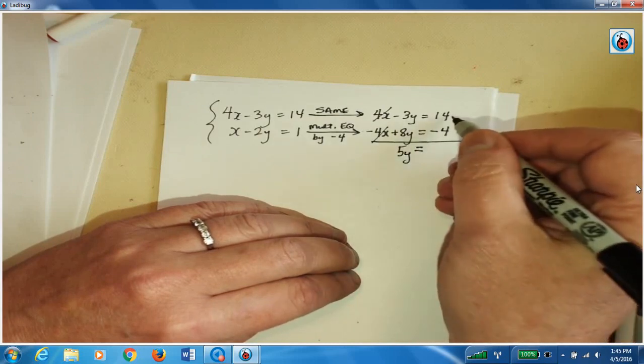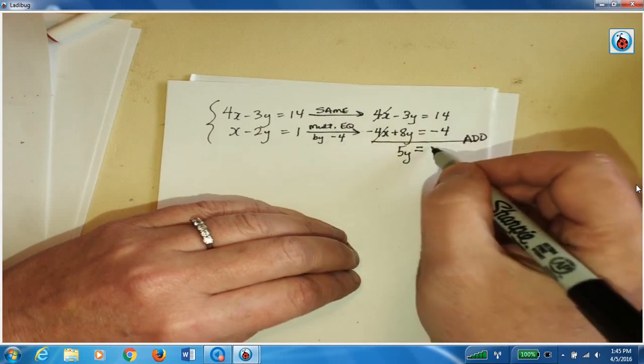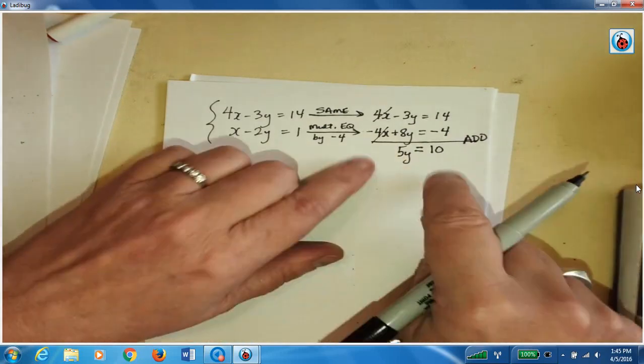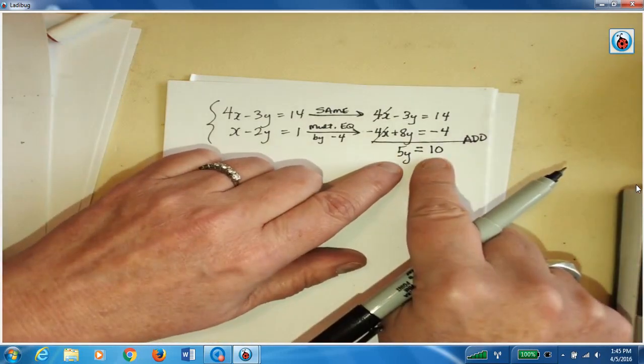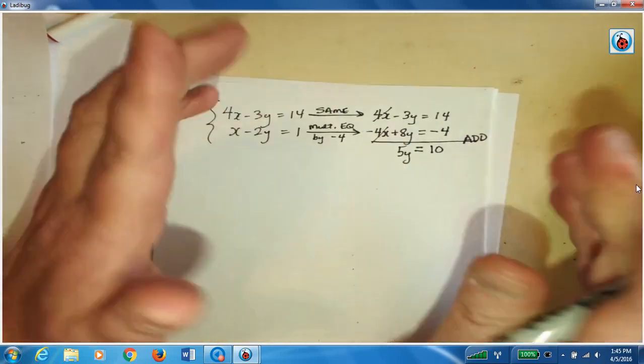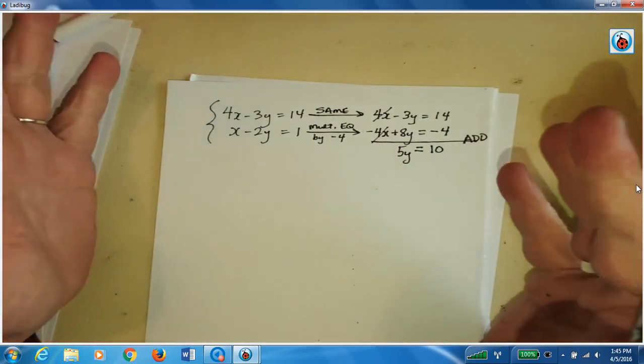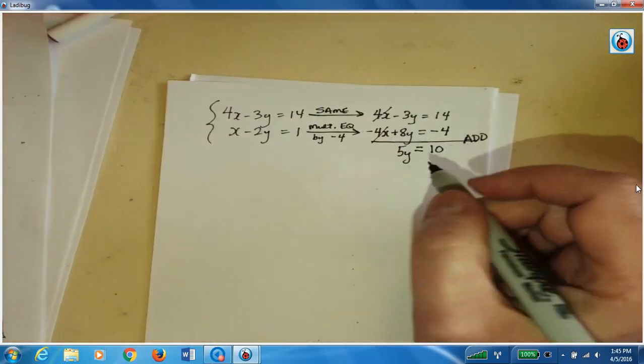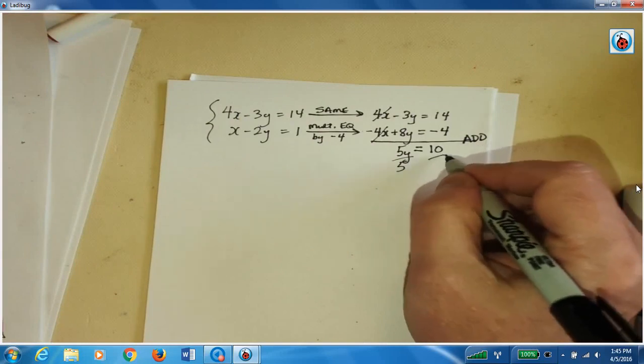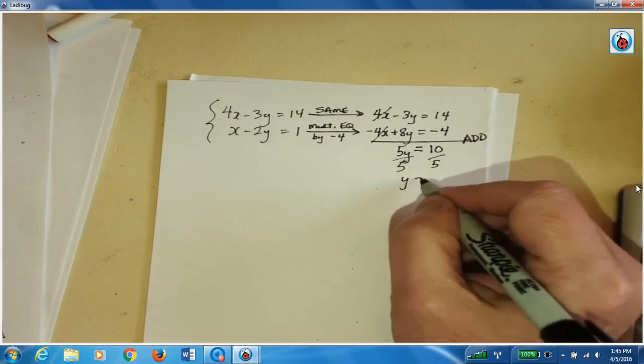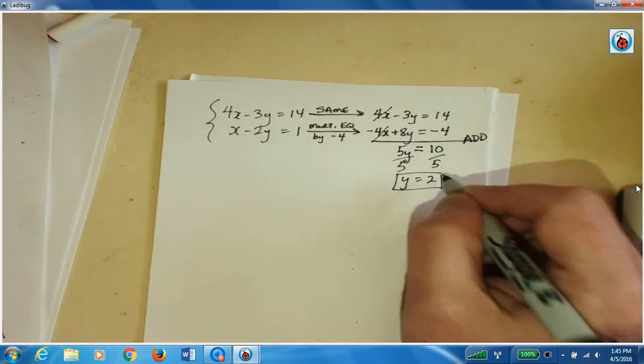When I have 14 plus -4, I get 10. And I get a new equation, 5y equals 10, and I've eliminated one of the variables, x, and I can solve this for y by dividing both sides by 5, and I have y equals 2.